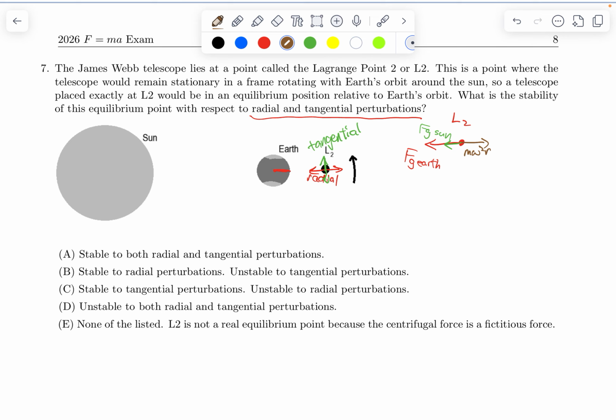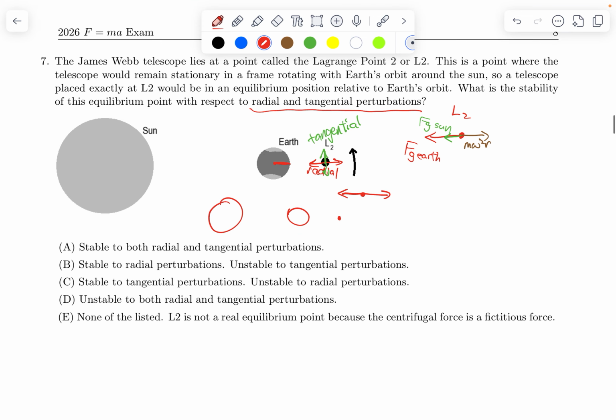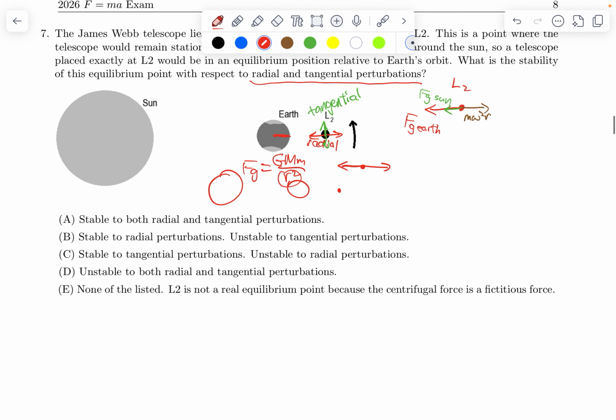First let's check the radial. Let's check what happens if it is perturbed radially. So let's say that it's a bit too close to the Earth, okay? If it's closer to the Earth, then since Fg is equal to GMm over r squared, if r decreases, Fg increases.